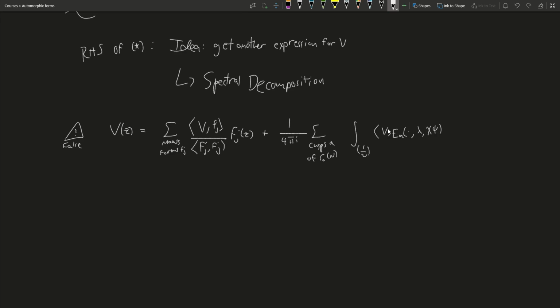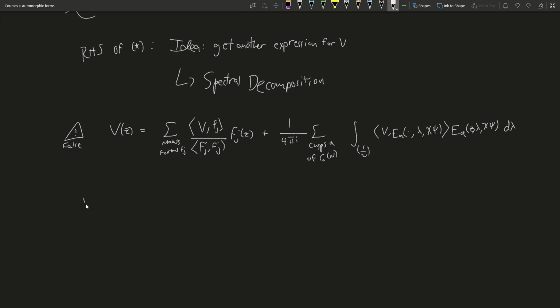So v is an automorphic function of weight 0, level n, and character chi psi. So that's why there's this chi psi that's appearing here. You do this, and you multiply by the Eisenstein series itself. And then you have an integral. This is an integral in lambda.